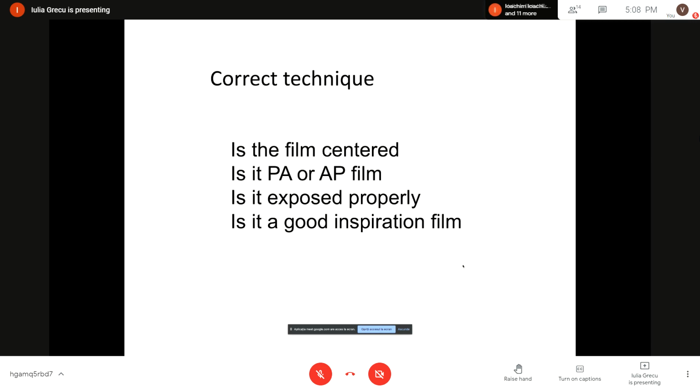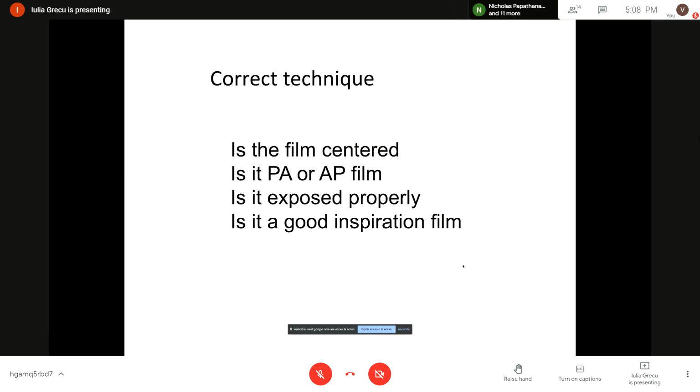Also, we will remind ourselves a bit of the anatomy of the chest. So, there are four main things that you have to look at when you study a chest X-ray to determine if it's correctly done.